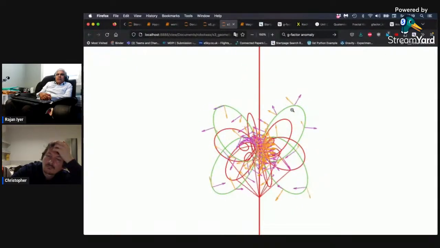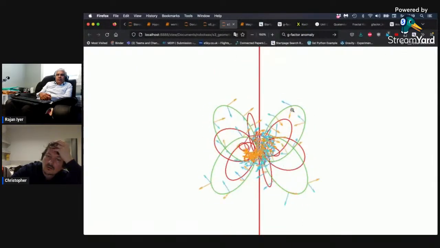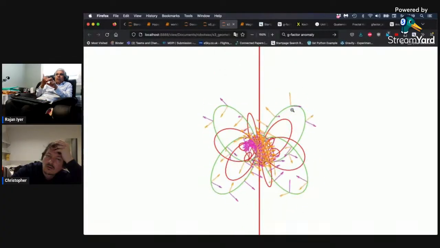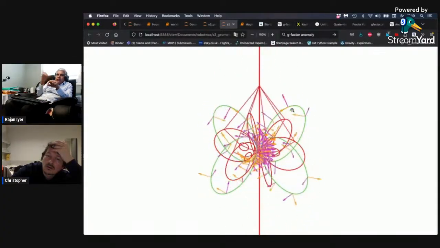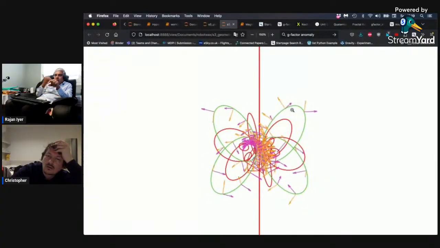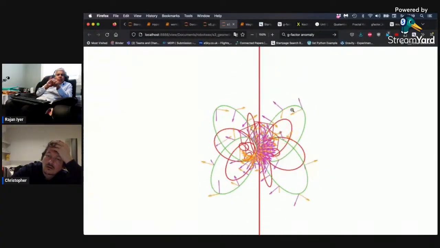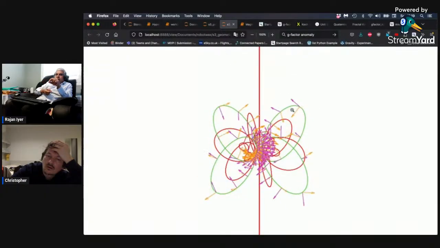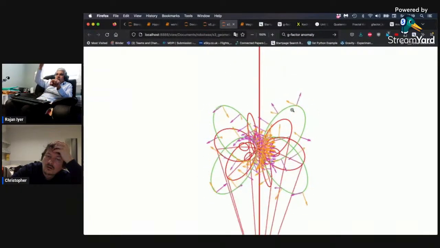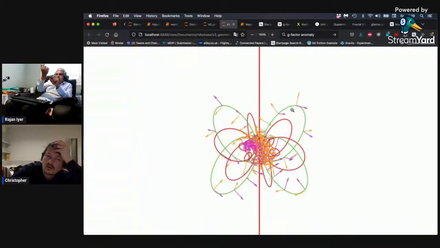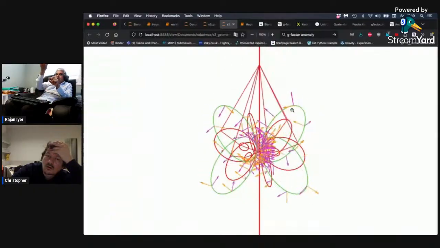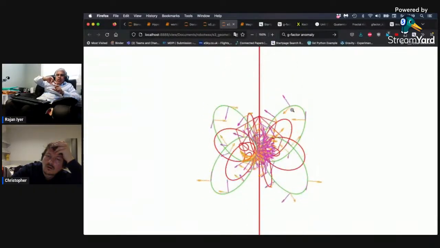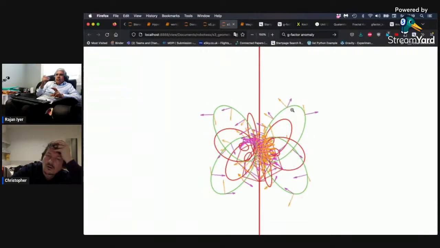Let me ask a clarification, Christopher, if you don't mind. You initially showed, with the girl and everything, there's a loop, right? A loop where the magnetic field is, and a current is flowing like a line at the center of that loop, perpendicular to that circle.